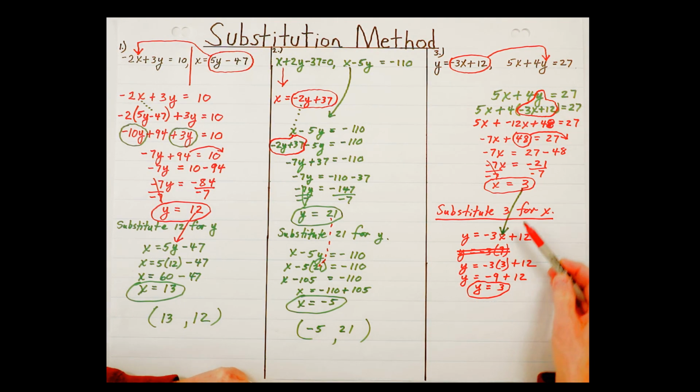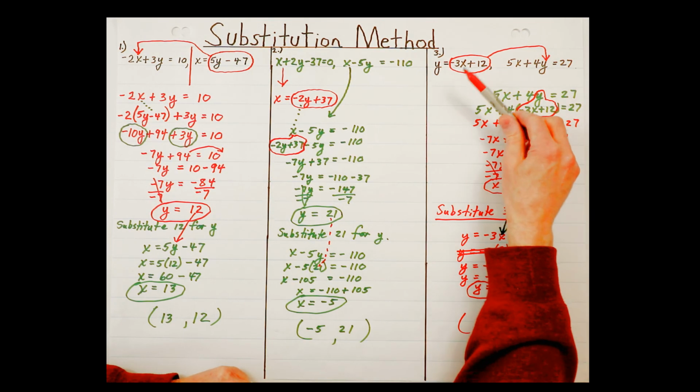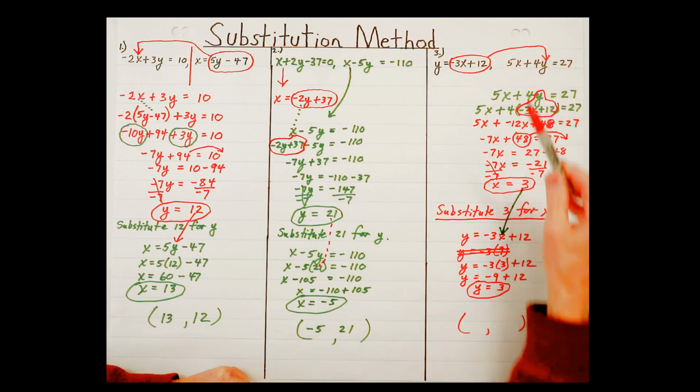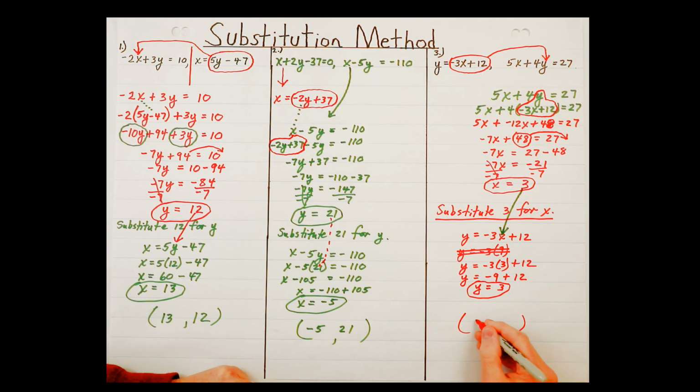So x and y are both equal to 3. And if you graphed this system of equations, the intersection point would be 3, 3. Okay, that's the substitution method.